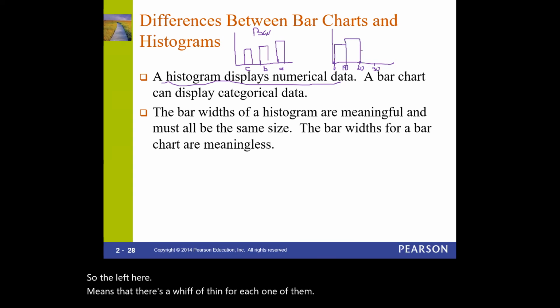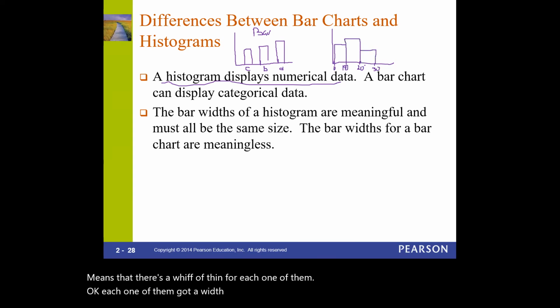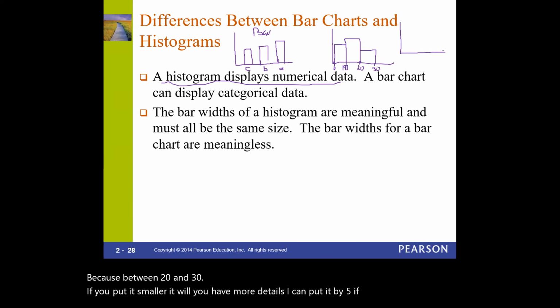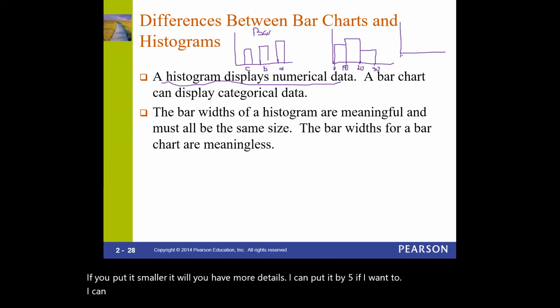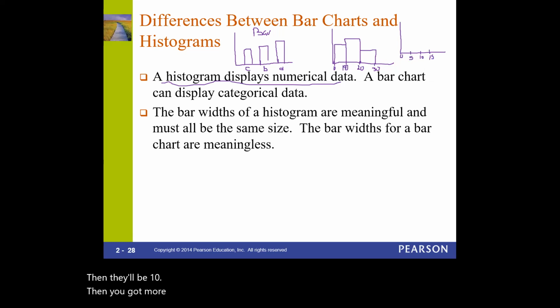Between 20 and 30, if you put it smaller, you have more details. I can put it by 5 if I want to. I can say this is 0 to 5, then that'll be 10. Then you're gonna be able to see more details here. So in that case, the width is smaller.